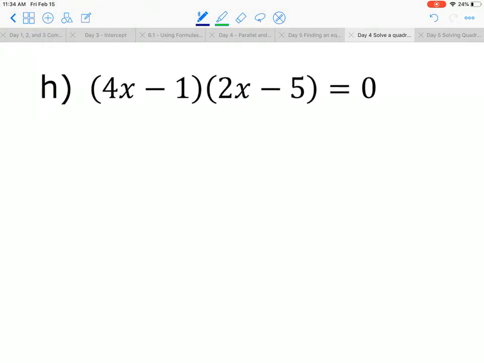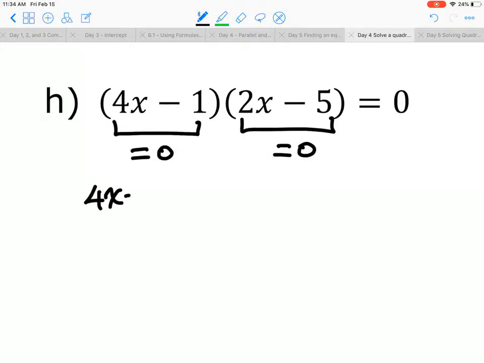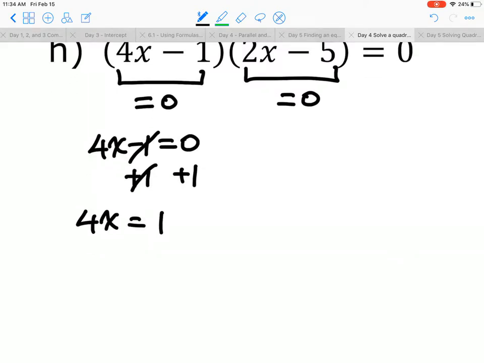The example like this is slightly different from the previous because we have numbers other than just 1 in front of the x. But it really doesn't matter because you basically make this one 0, and this one 0. So 4x minus 1 equals 0. So add 1, add 1. Then 4x equals 1. And then you divide by 4. So x equals 1 over 4.